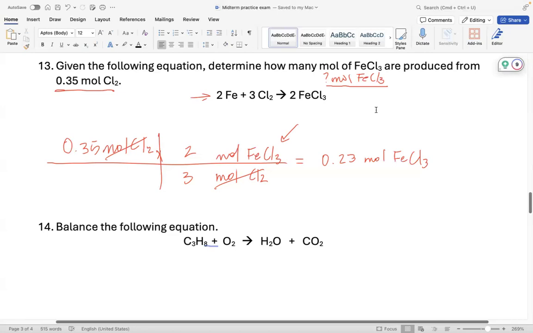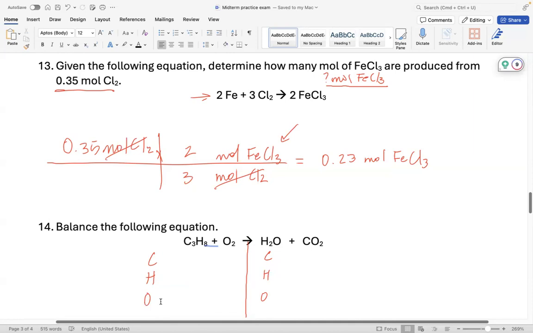All right, so 14, balance the following equation. When I balance, I always start by getting a count of all the atoms on each side. I like to put a line down the middle and list the atoms in the same order on each side. And when I do my initial count, I prefer tallies, because if I'm adding a coefficient to something and therefore adding more atoms, I don't have to go back and erase.